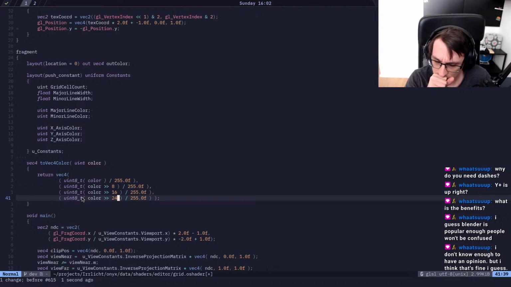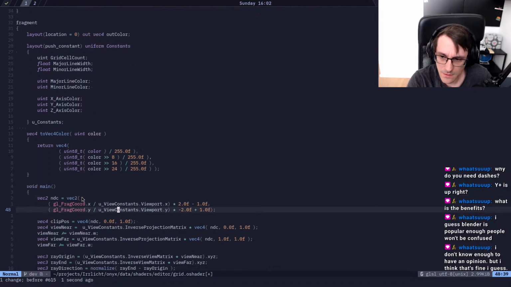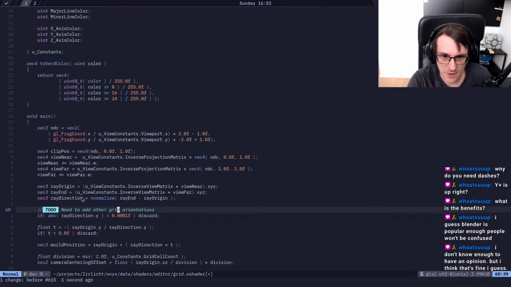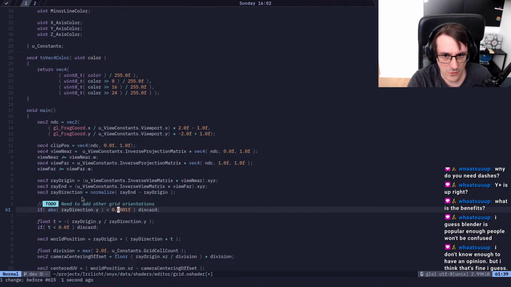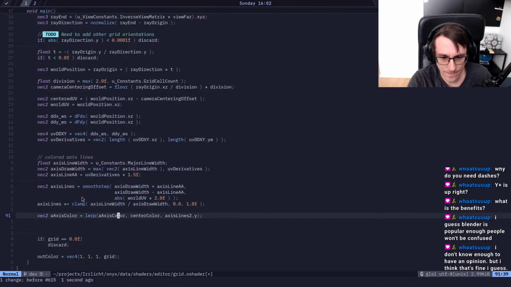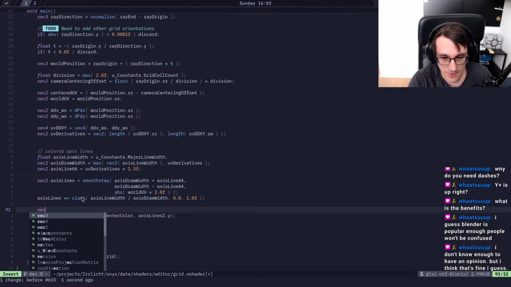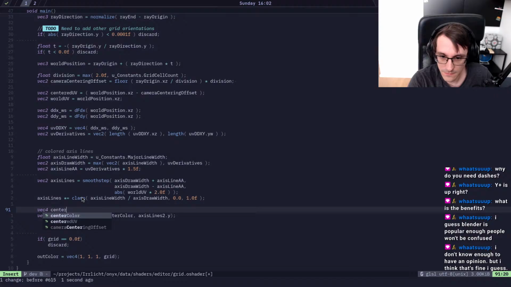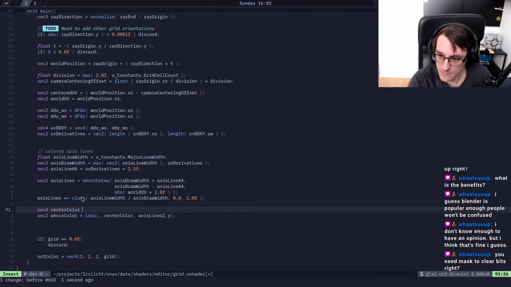I think that should do it, right? And that should give me a color between 0 and 1. And then this is our... well, the center color for now we ignore, but... Do I need to mask them?